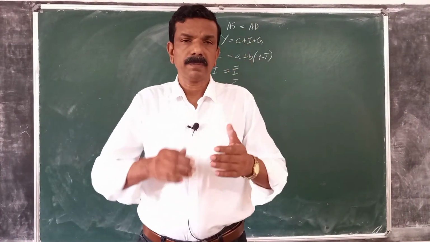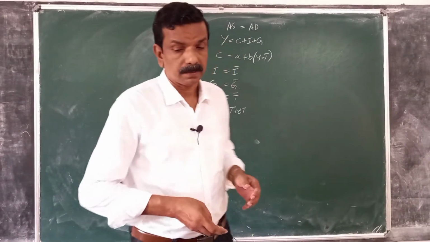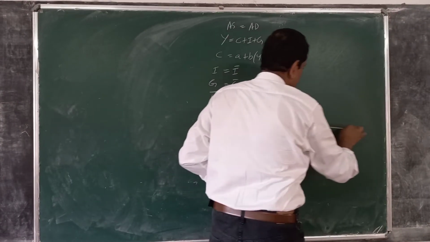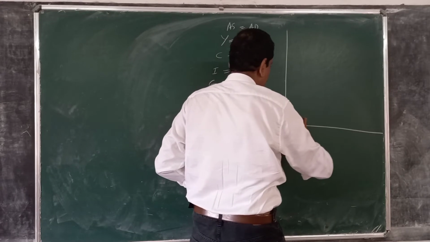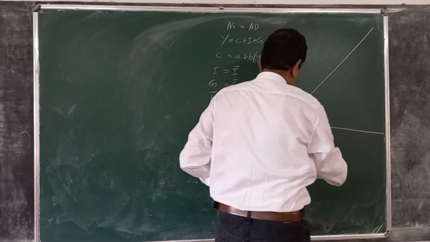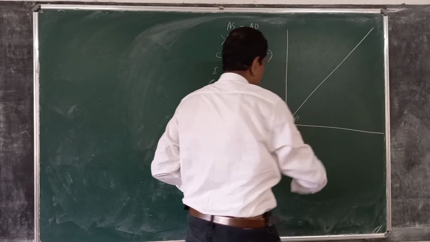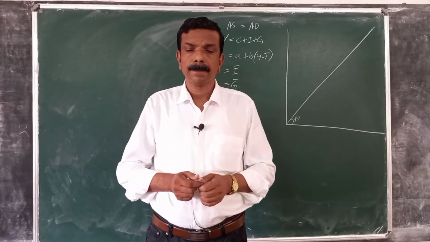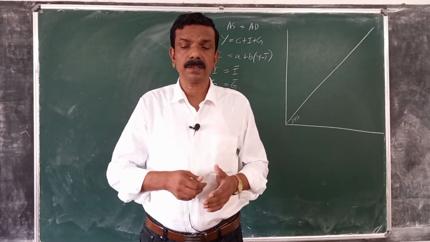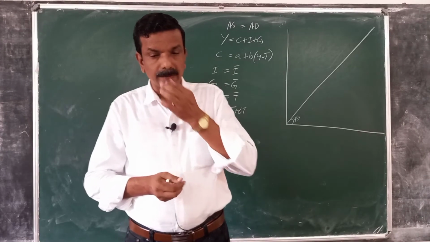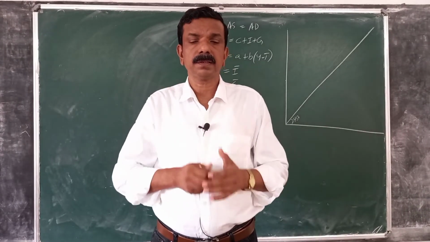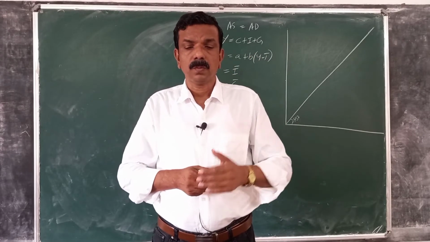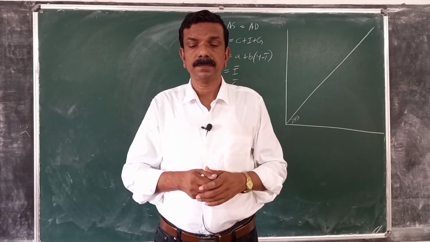Now let us see what will be the corresponding change in income. As usual, the 45-degree line. Now, the consumption function, when government increases its tax, keeping G constant, Y actually decreases. Let us see how.